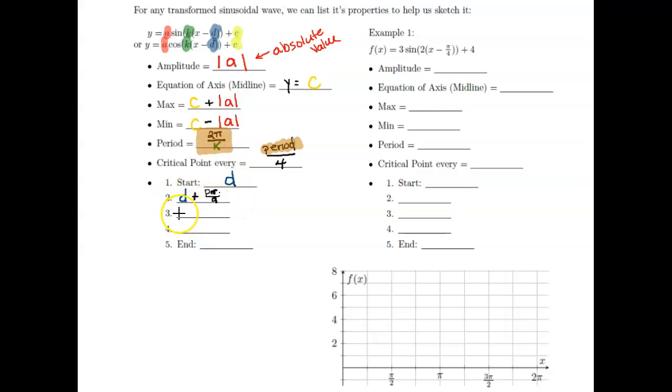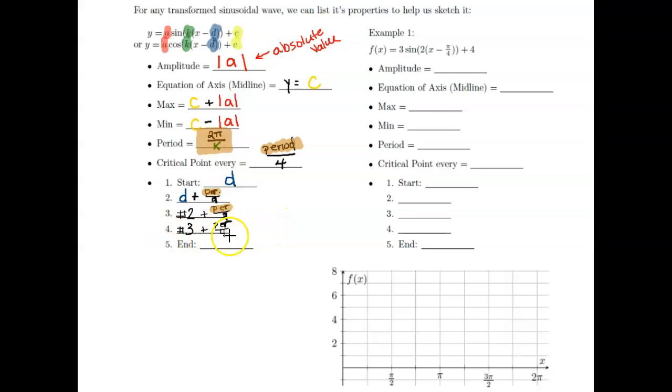Then I take this value for number 2 and I add another period over 4. Okay, remember this all is coming from this part here. Okay, and I carry on from this coordinate, for my number 3 coordinate, I add another period over 4. Right?